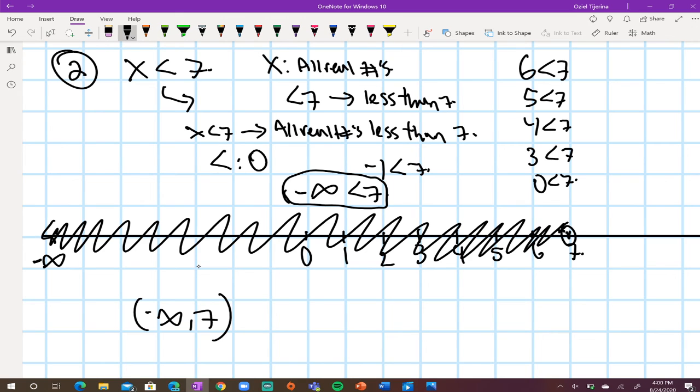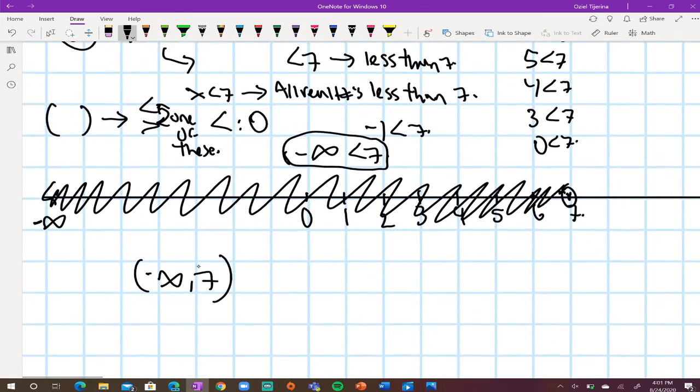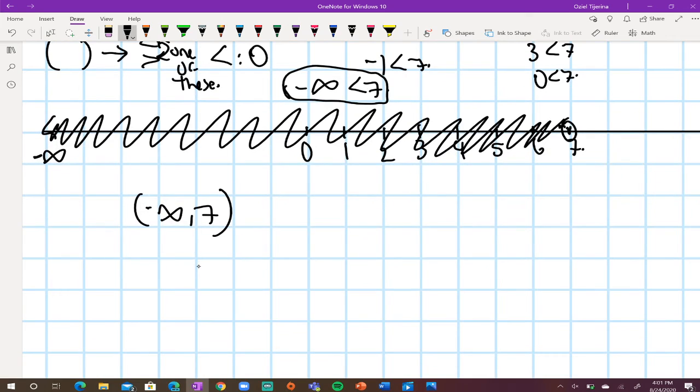Parentheses always say that. So your answer ends up being from negative infinity to 7.